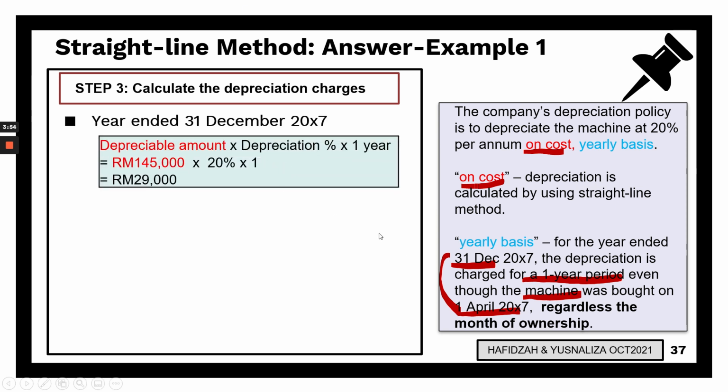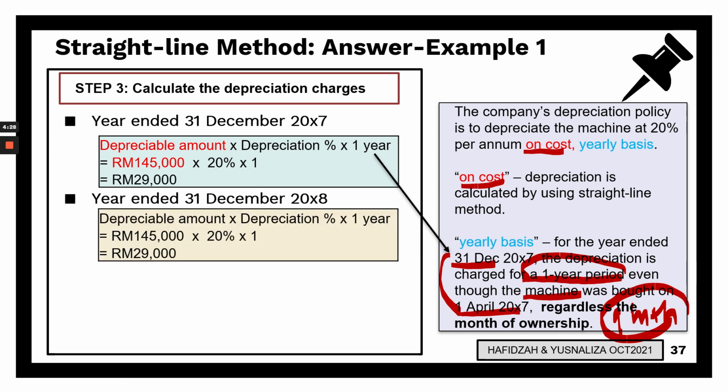Even if the asset is with you for 9 months, you still need to charge full year depreciation. So you get depreciable amount 145 times 20% times 1. The 1 represents 1 year, because you charge as if it has been with you for 12 months, even though it was just 9 months, because of the yearly basis.